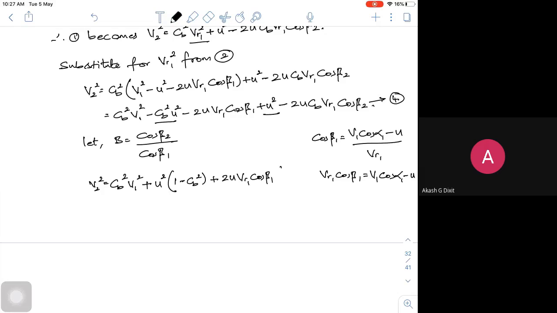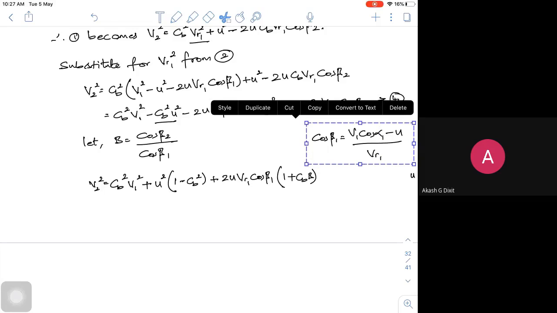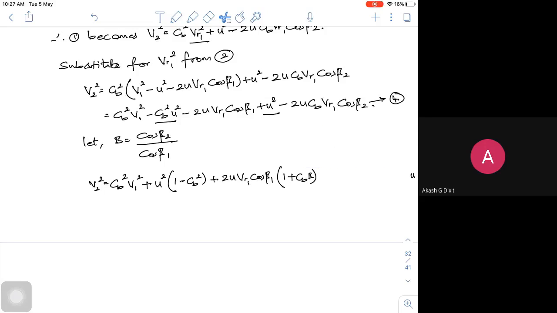So what I am left with is 1 plus CB into capital B. This is already written, so I will take that expression and use it. So this will be your expression. Now substitute for VR1 cos beta 1 in terms of cos alpha.